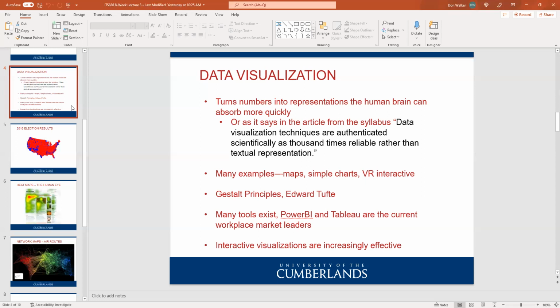So like I said, there's a lot of tools out there. Power BI and Tableau are the market leaders from a desktop application standpoint. But of course, anything new coming out that's competitive is in the cloud. And you're starting to see a lot more interactivity.